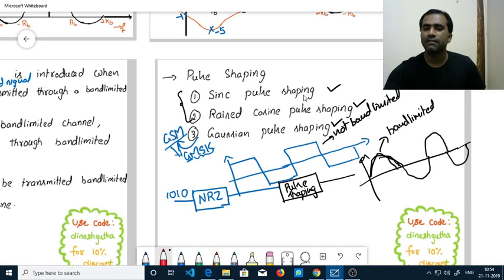It is a little advancement of sinc pulse shaping. Mostly the problems will be based on raised cosine pulse shaping. What we do here is, even if there is timing synchronization error, still we are going to reduce the ISI. We cannot eliminate this ISI because of timing synchronization error, but we can reduce it as much as possible.